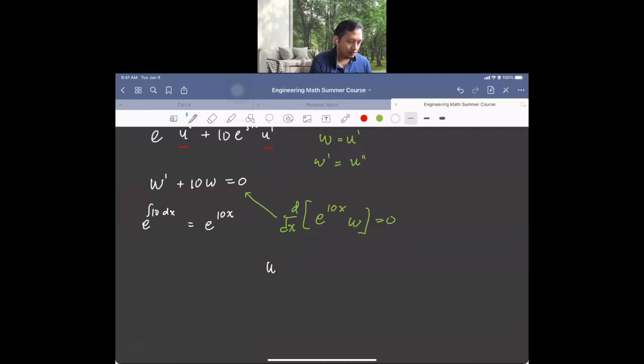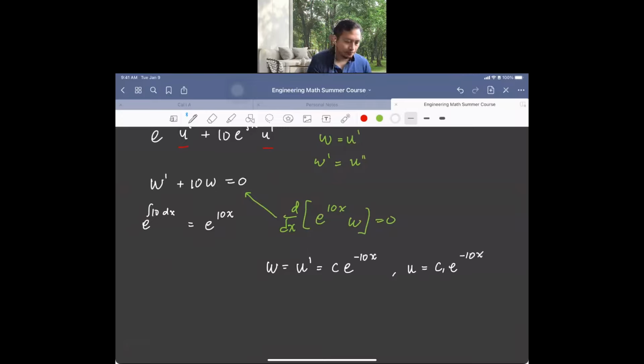And we may have w, which is u prime, equal to c e^(-10x), and u we can integrate, and become, let me just write as a new constant, e^(-10x). Okay, because e is just e, right?